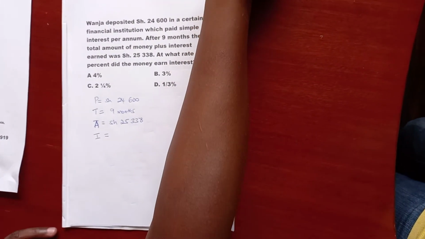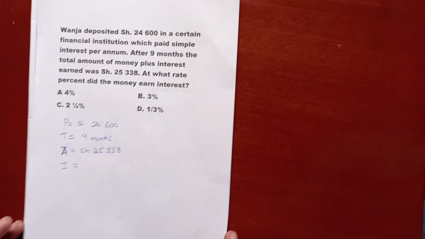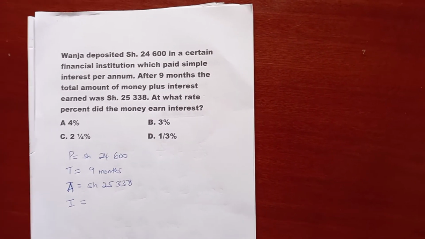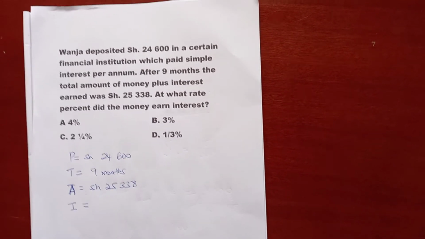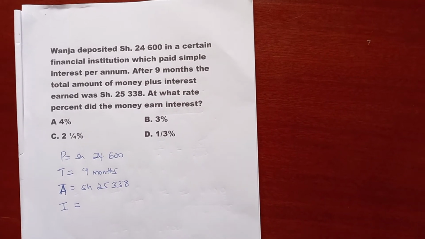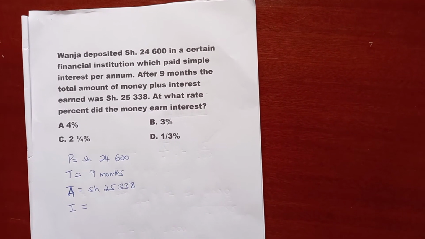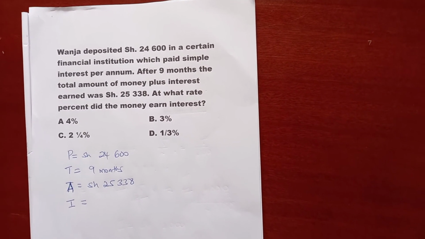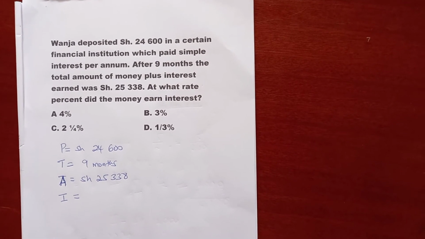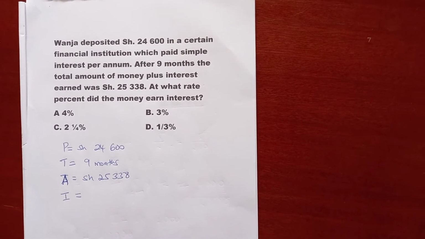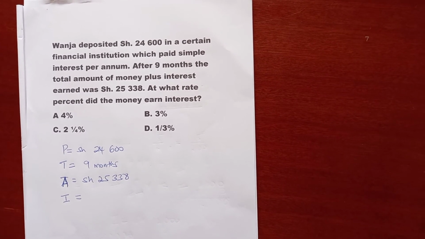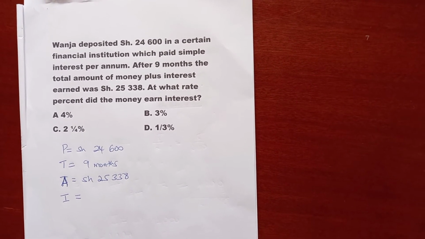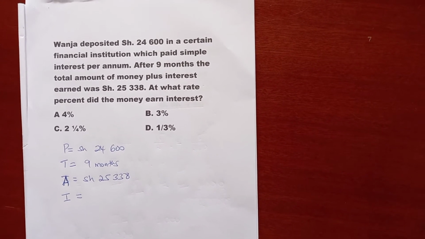Learners, let's continue. We have a question that reads: Waja deposited shillings 24,600 in a certain financial institution, which paid simple interest per annum. After 9 months, the total amount of money plus interest earned was shillings 25,338. At what rate percent did the money earn interest?